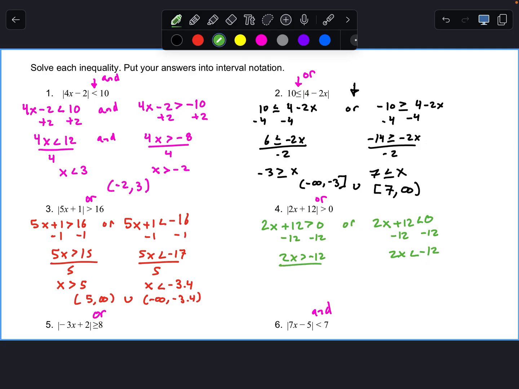But I'm left with x being simultaneously greater than -6 and x being less than -6. And I put those as my intervals. So it's greater than -6, meaning -6 is my low value and infinity is my high value. That intersects with my low value being -infinity and my high value being -6.